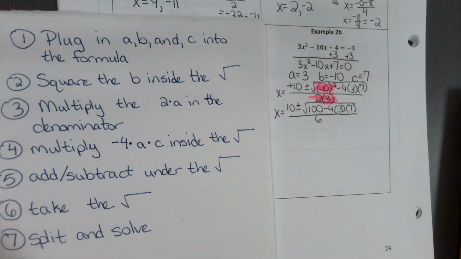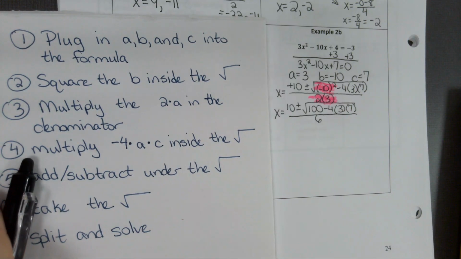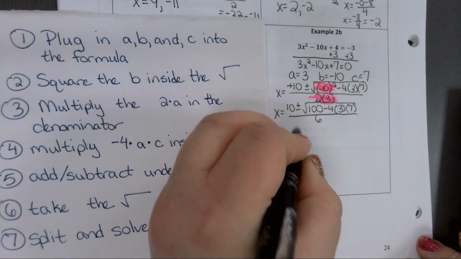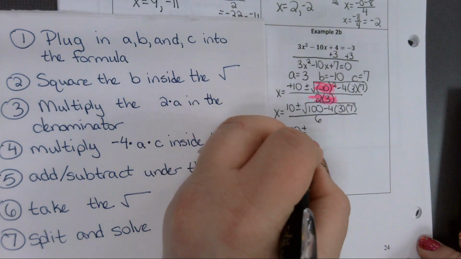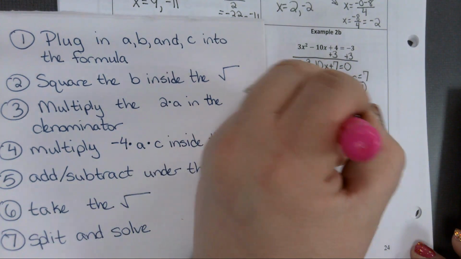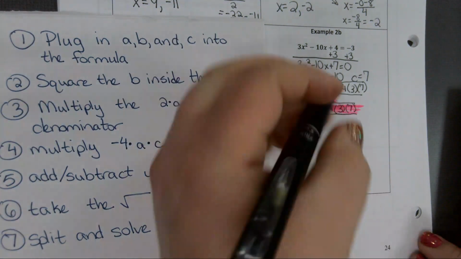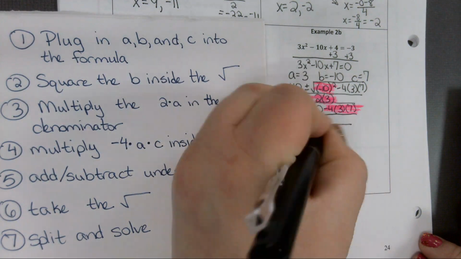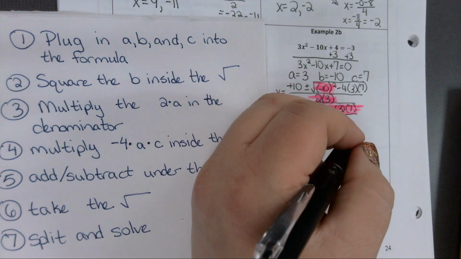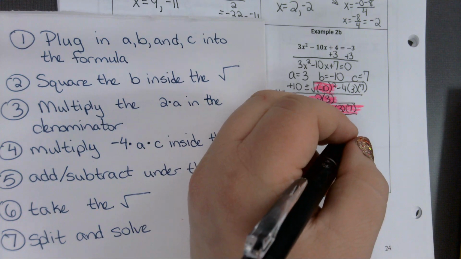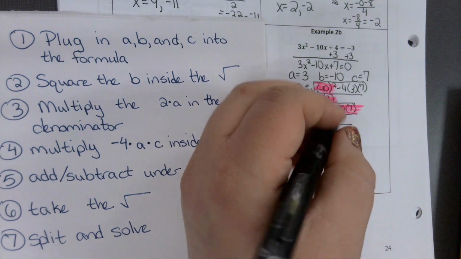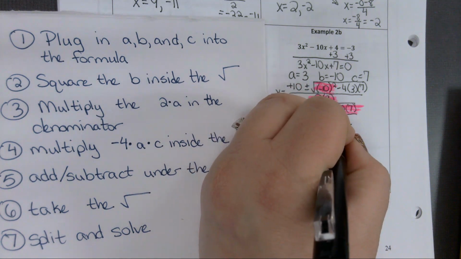Then we can multiply our -4 times a times c inside of our radical. So -4 times 3 times 7 gives me -84.